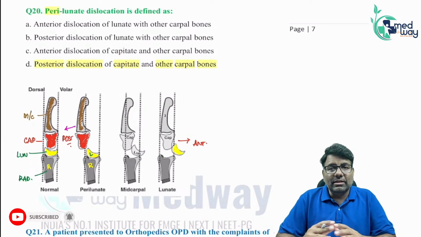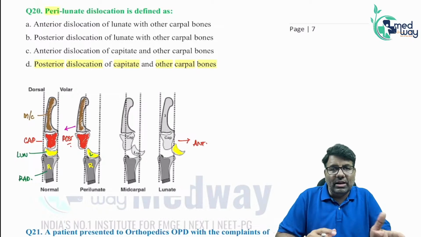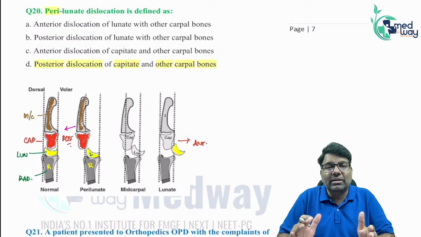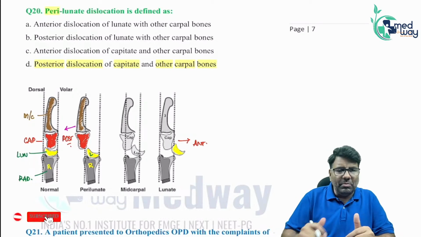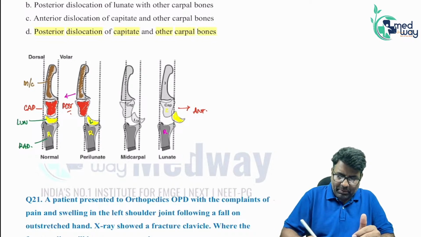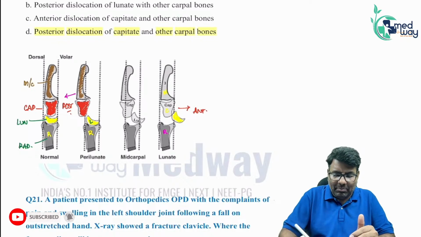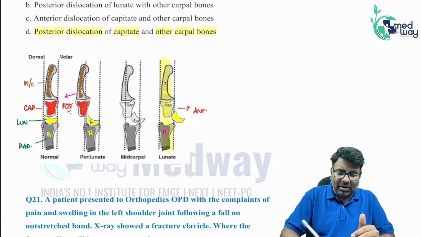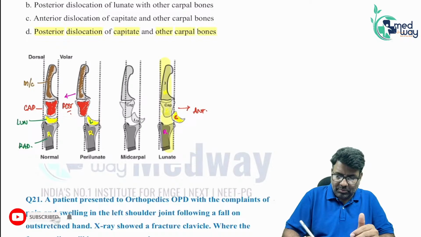So this is the differentiation between lunate dislocation and perilunate dislocation. And again, a very important segment, many times the question has been asked. Again, we can see here the radius, then capitate and the metacarpals are still in their alignment, but the lunate has moved anteriorly. So this is the lunate.